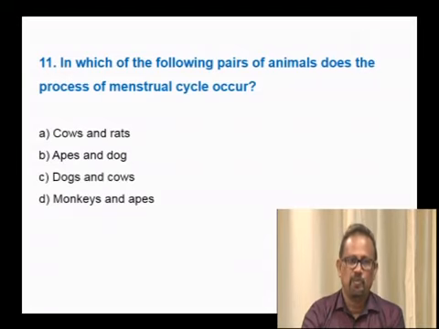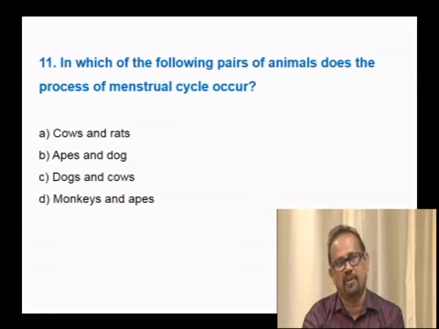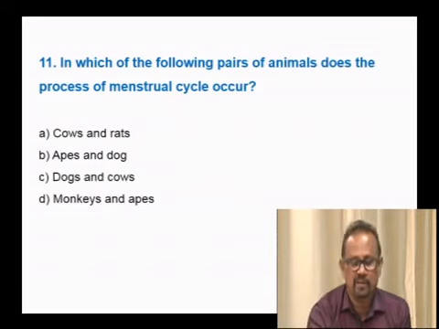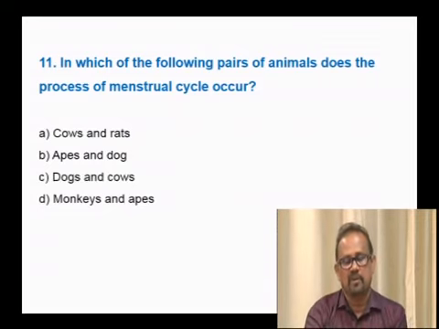The reproductive cycle of female primates is called the menstrual cycle, which you don't find in non-primates. So, here cow and rats are not primates. Therefore, the menstrual cycle cannot be seen in cows and rats, where we see the estrous cycle.